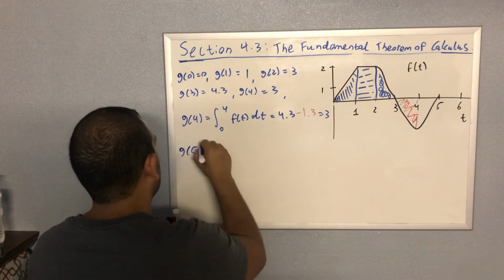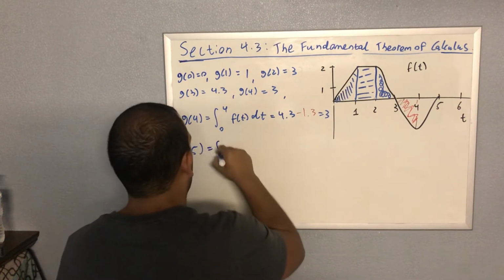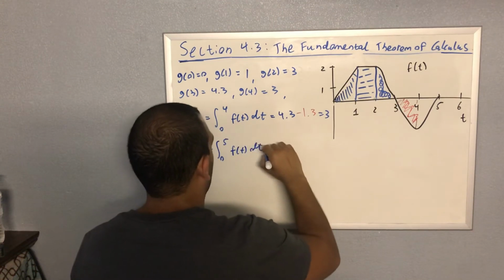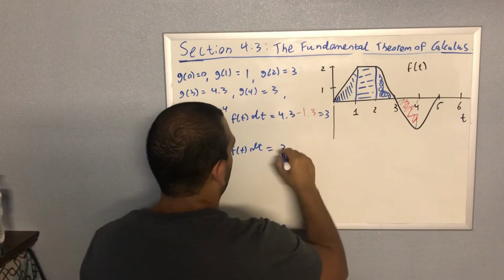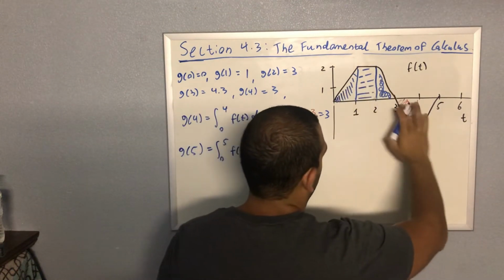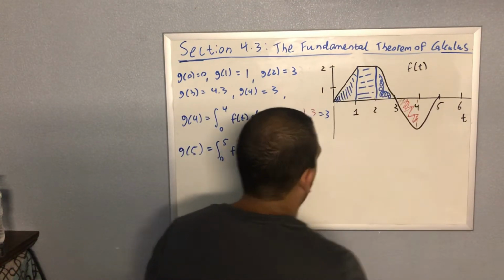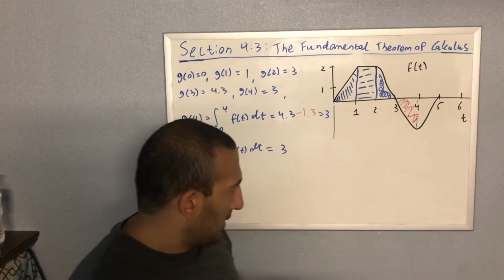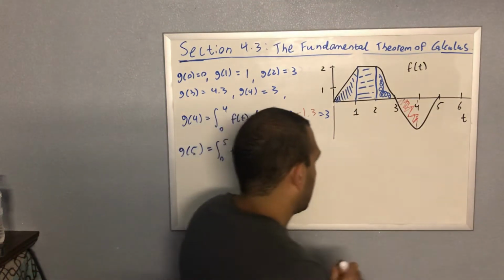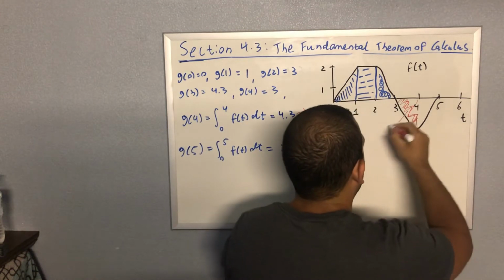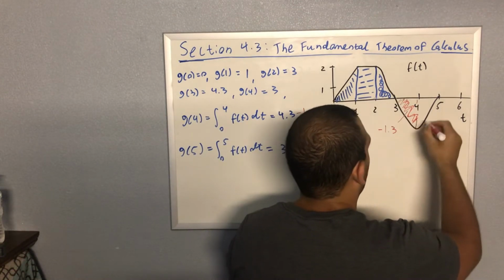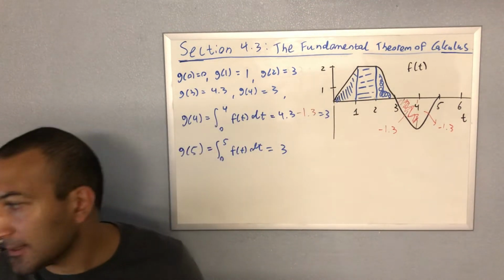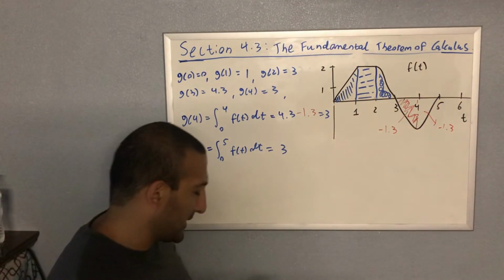Then last but not least, g of 5 is going to be 3. You know, all of this, the net area up to this point, and then that. And again, you can see that this is pretty symmetric. So if this had a net area negative 1.3, so should this one. At least that's the way I see it, and the book also sees it that way.